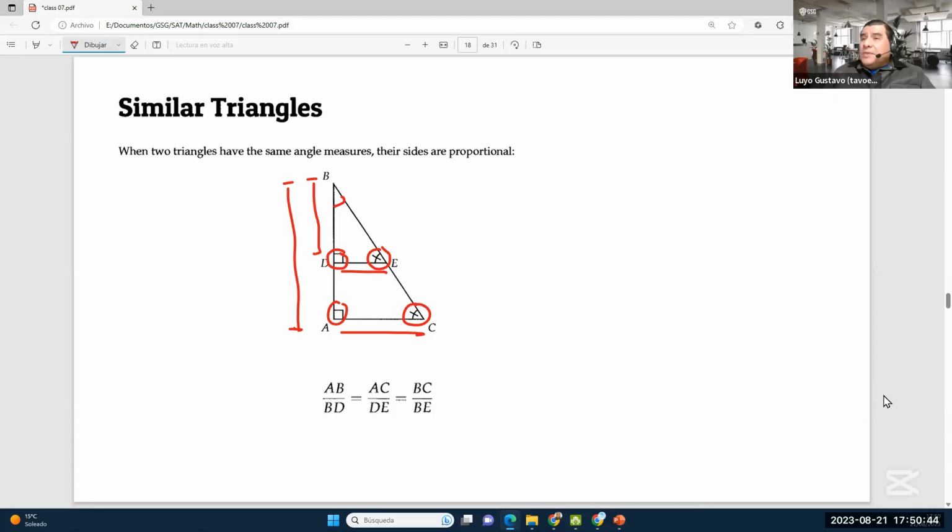And so BE, or BC, this long hypotenuse is proportional to this short hypotenuse. So they have the same proportion for the 3 pairs of corresponding sides. And which sides are corresponding? Remember, the sides that are opposite to the same angles.